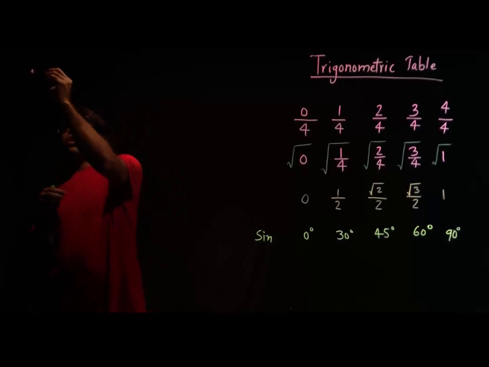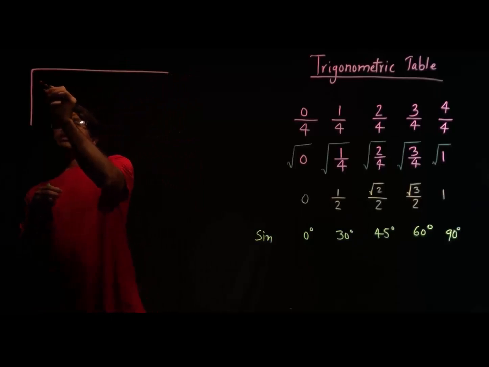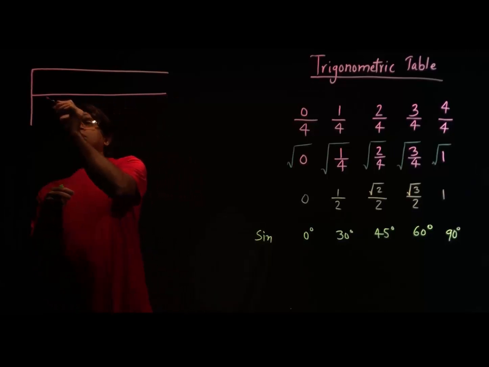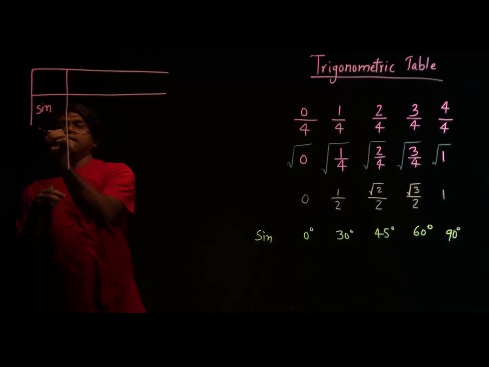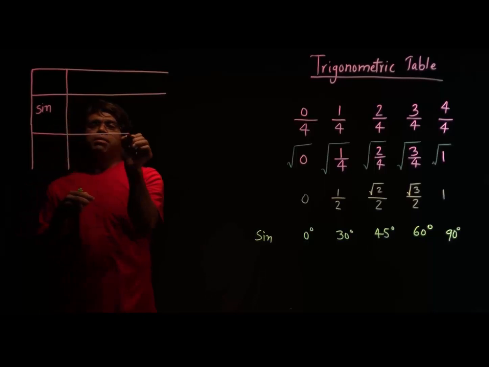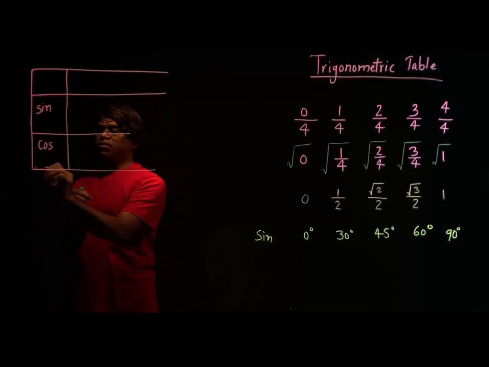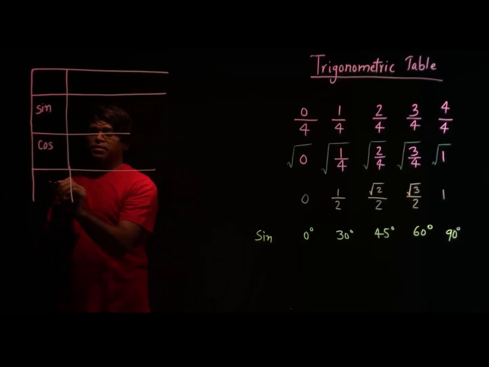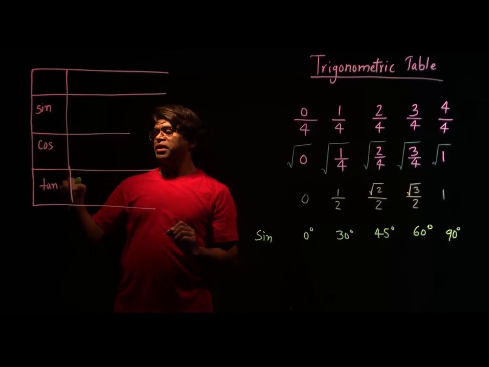I will draw a table just like this, and I will write here sine. I will write cosine here, and then the last thing I would like to write is tangent. So you can see I have sine, cosine, and tangent.